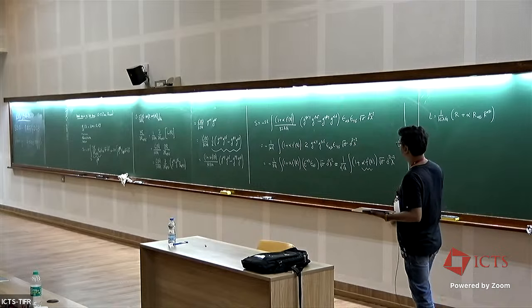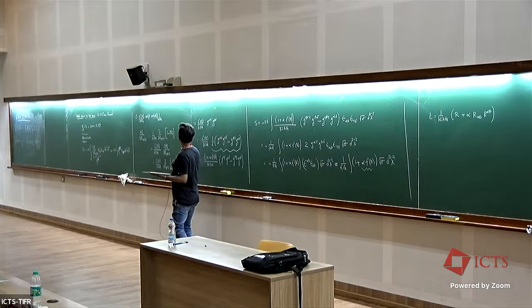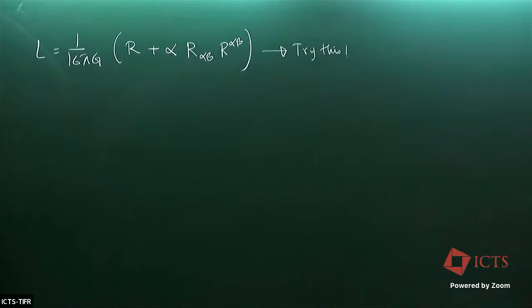Again, the crucial thing is that after you have done this derivative, you have to ensure that the resulting object has the correct symmetries. Only then will you be able to get the correct factors. Otherwise, you cannot. Good. So please check this. Try this. Good. This is clear algebra. We can always do it.